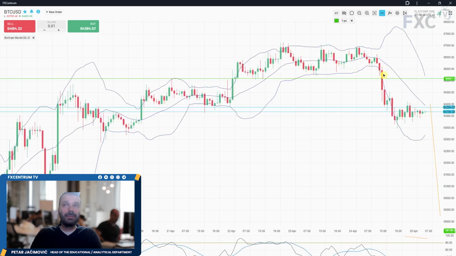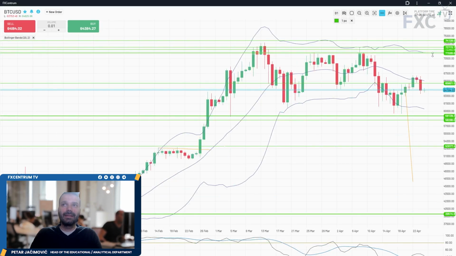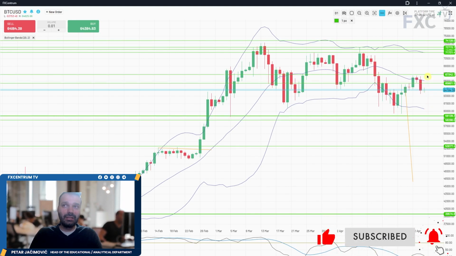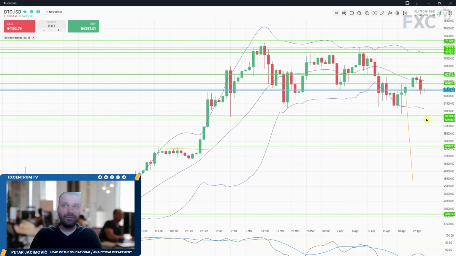In terms of the protective stop, if we take a look at the daily time frame, we had this 3-day high around 67,000, let's say 67,300 mark. As you can see, there is at least 2 times bigger profit versus initial risk just for the first potential target, and a much bigger reward versus initial risk on the secondary target around the 53,000 mark.